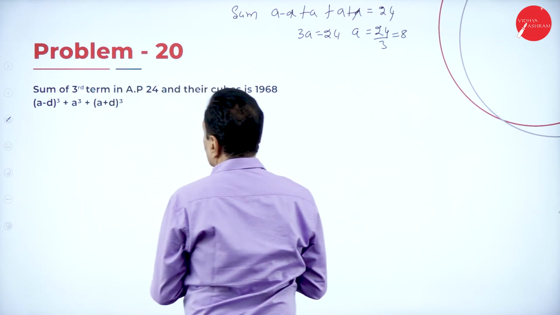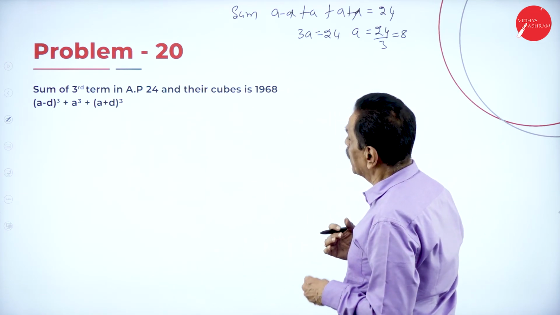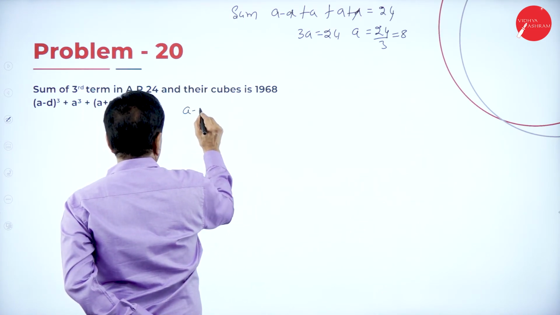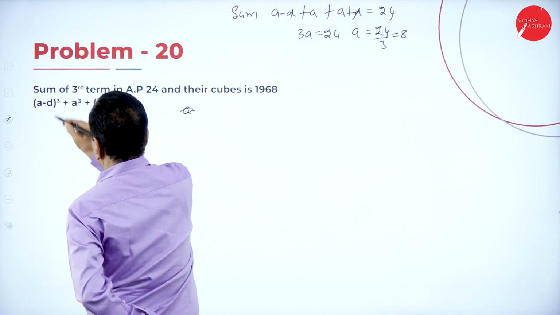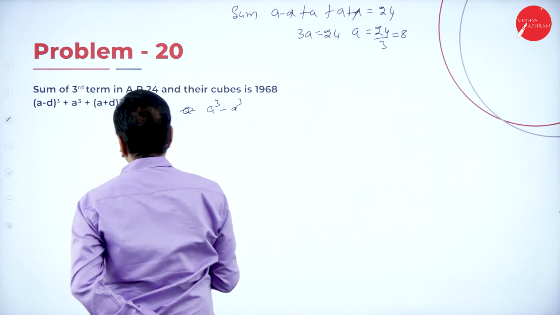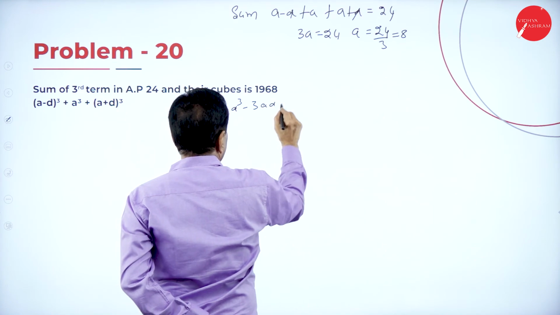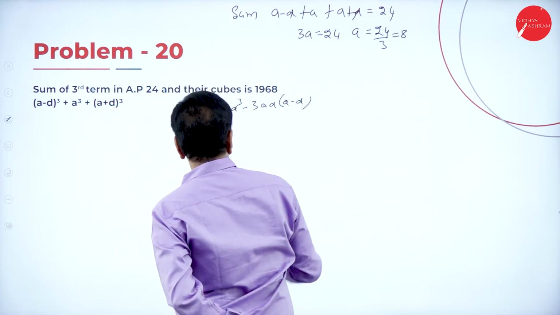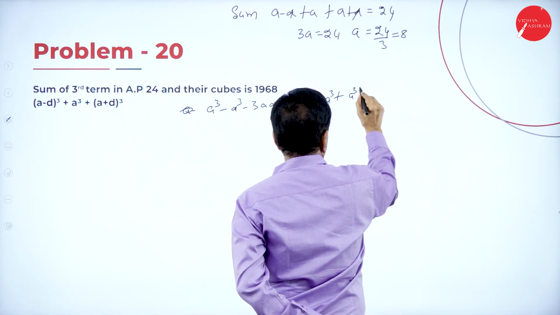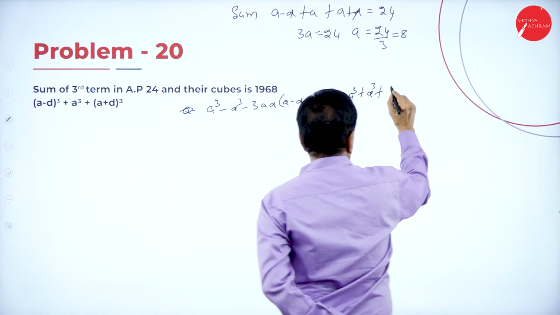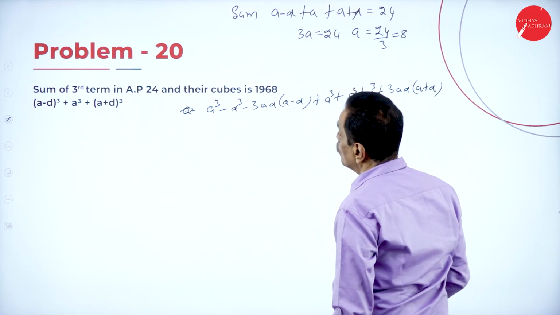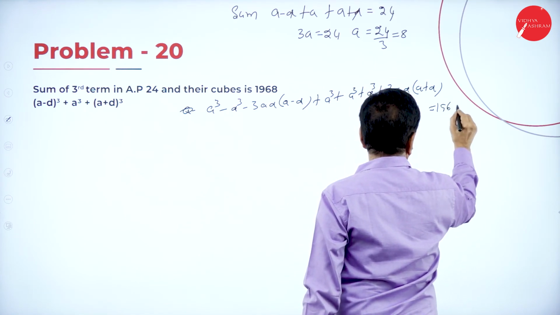A minus D whole cube is A cube minus D cube minus 3AD into A minus D, plus A plus D whole cube, A cube plus D cube plus 3AD into A plus D, is equal to 1968.